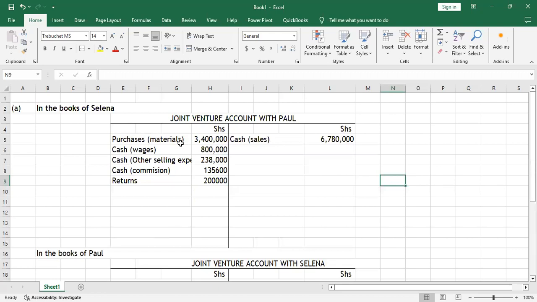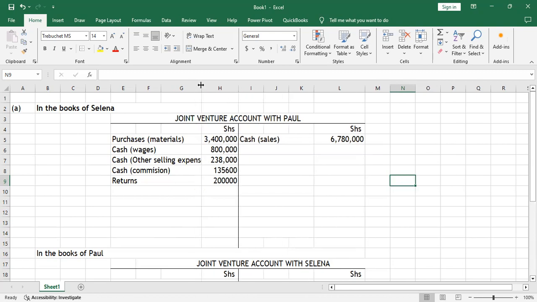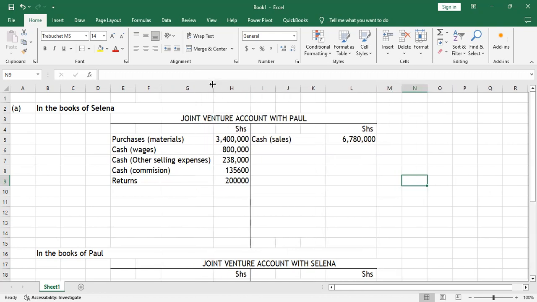In her cash book, for the 800,000 for the wages, then the expenses as well, and then the commission of 135,600. Then of course there will be a debit entry in the cash book for 6,780,000.